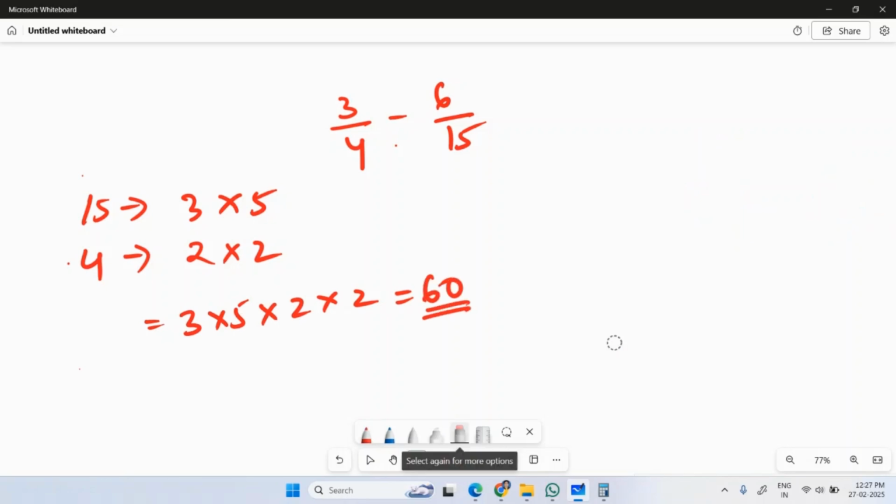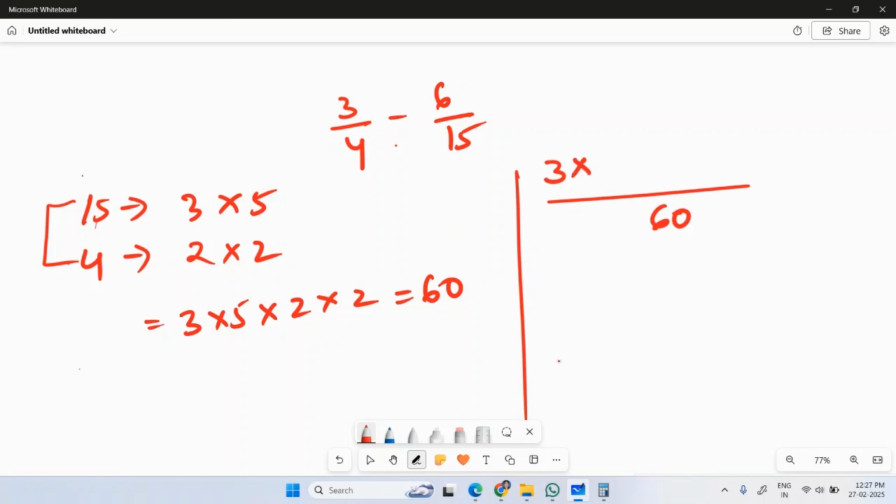If we observe, these two denominators do not have any common factors, that means their LCM is their product only. 15 times 4 is 60. Because in the prime factors, we do not have any common factors, their LCM is their product.